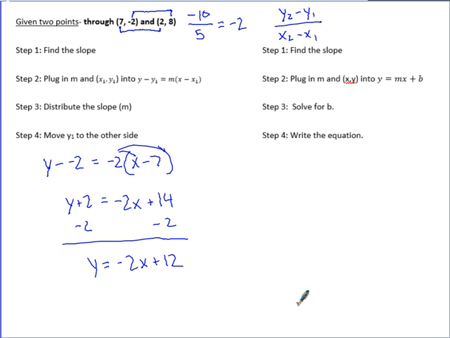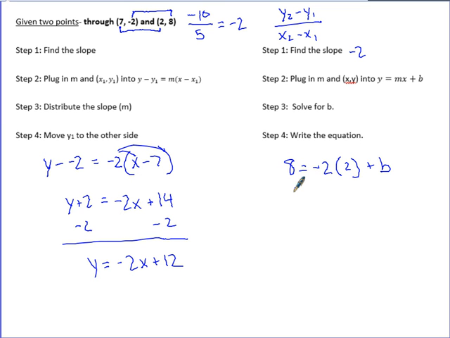All right. I can do the same thing over here, find the slope the same exact way, so that's still going to be -2, and then I'm going to use my y equals mx plus b. Again, you can use either ordered pair. This time I'll use 2, 8. So y is 8 equals m, which is -2, times x, which is +2, plus b, which is what we're looking for.